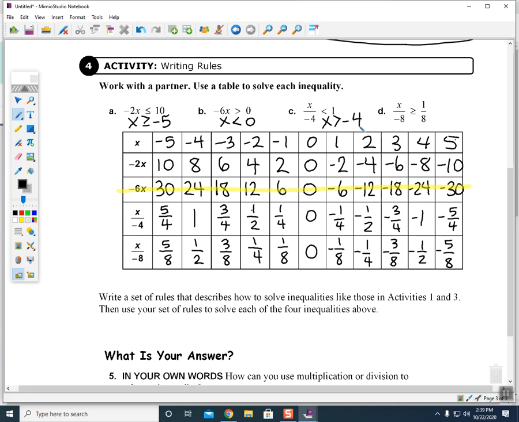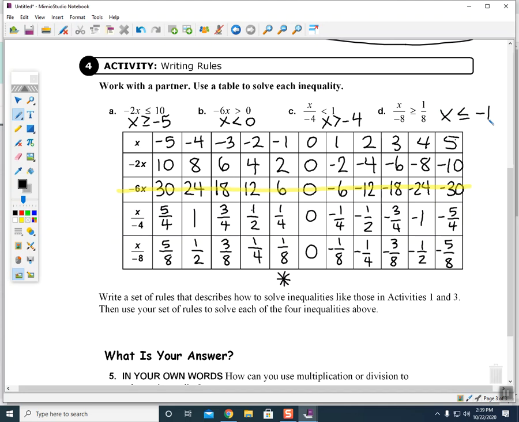It's all values of x that are greater than -4. If I look at the last one, where is x over -8 greater than or equal to 1/8? Well, I see that that is happening here at -1, and it's all values to the left of that, which means that my solution is going to be x is less than or equal to -1.